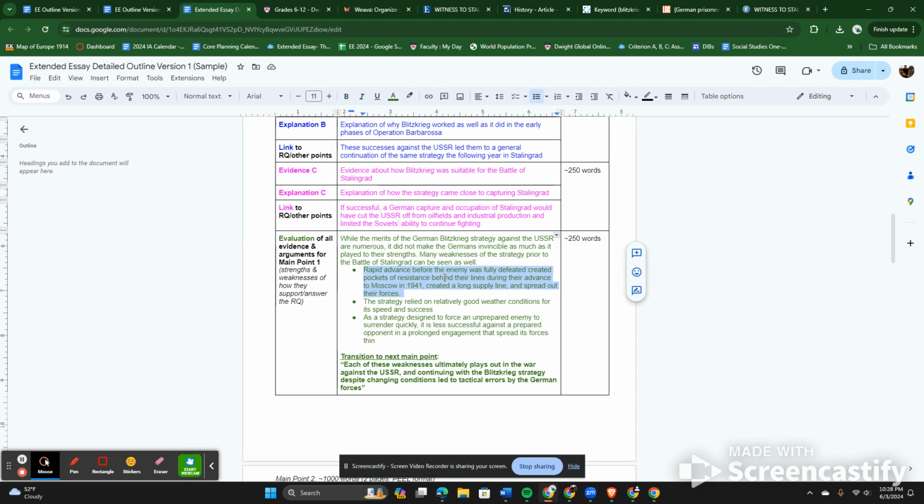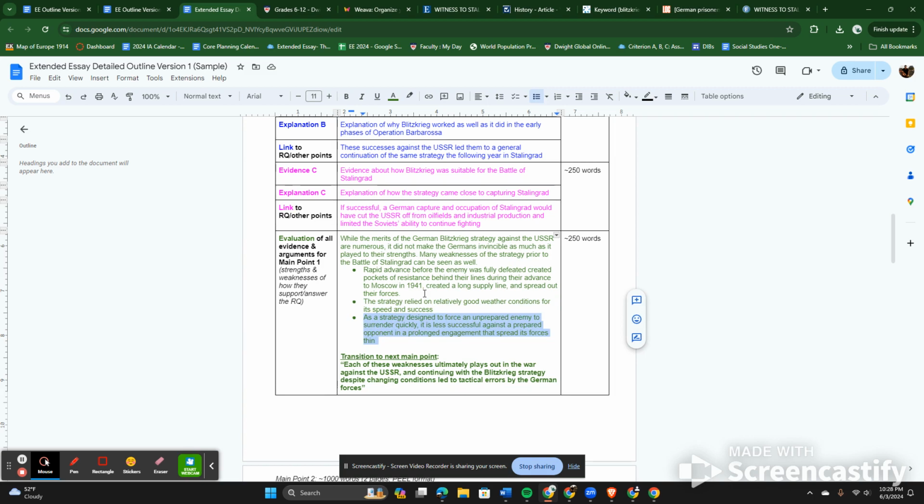So this is something that happened continuously. They didn't fully control that region, and pockets of resistance would then form behind them, which was a big problem. The strategy, because it was so reliant on speed, also meant that it needed good weather, which Russia famously doesn't have. And then it was a strategy designed to force an unprepared enemy to surrender quickly.